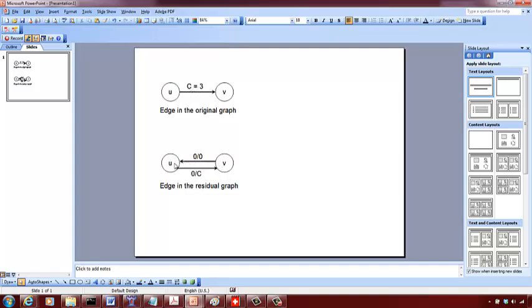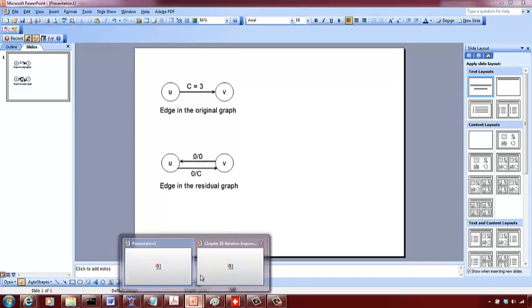Also there is a backward edge. This is the edge that you really have, but you also want to incorporate a back edge, because once you start sending some units of flow in this direction, there is an opposite flow possible in this direction with a negative sign.